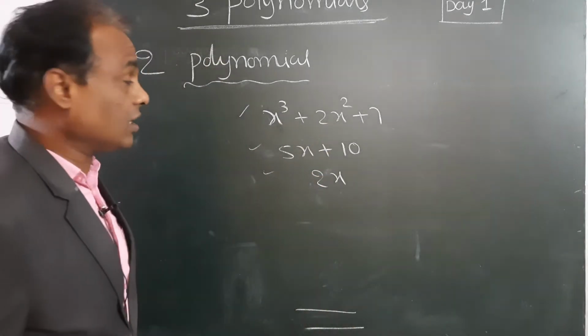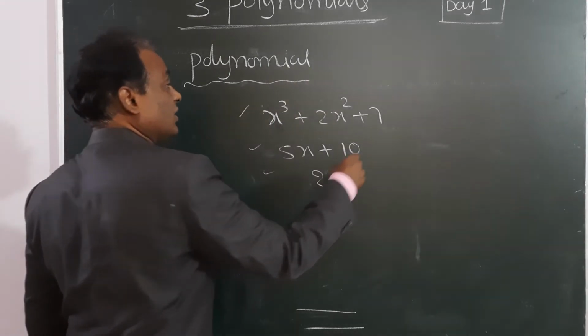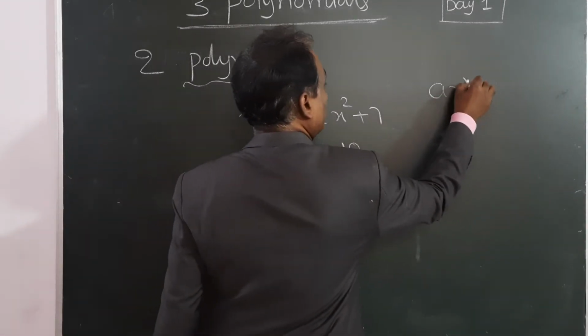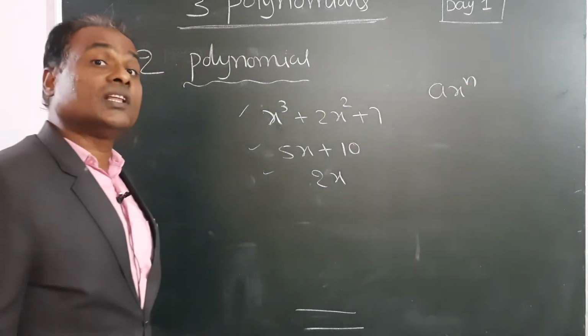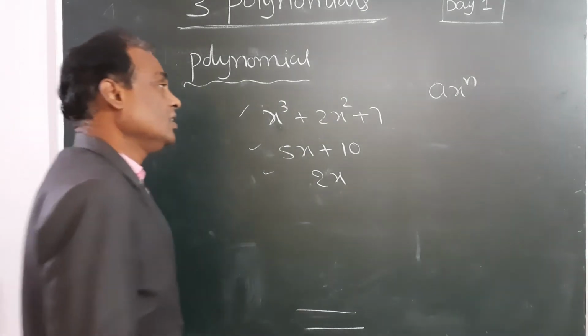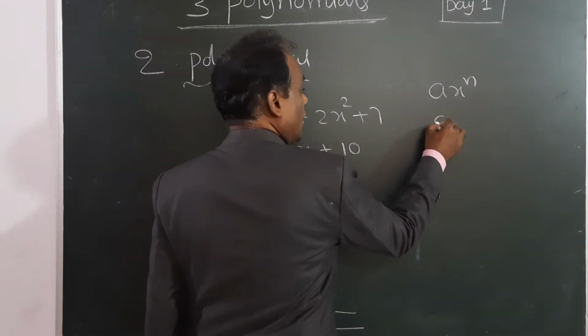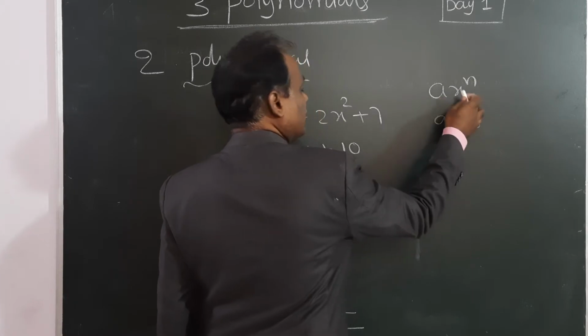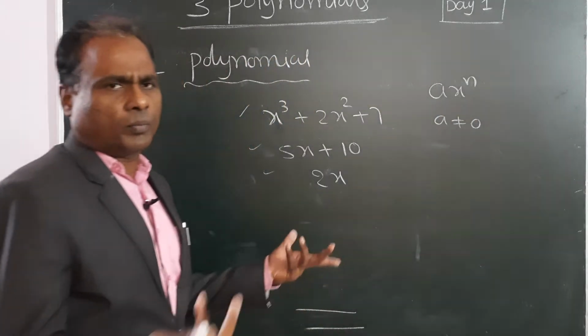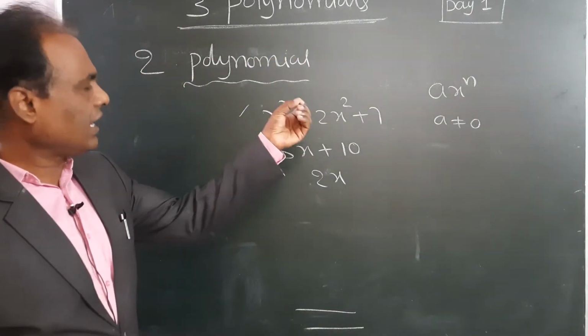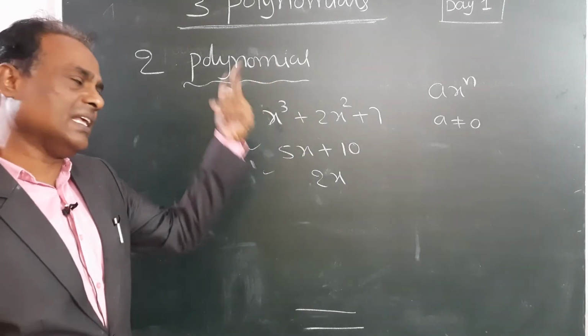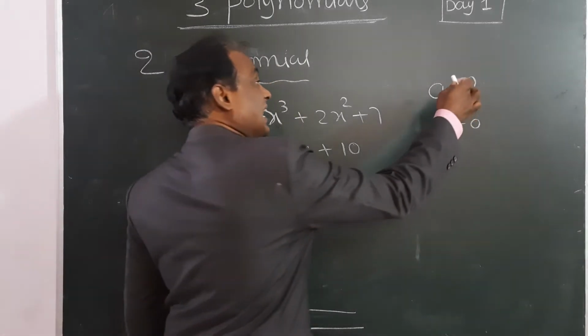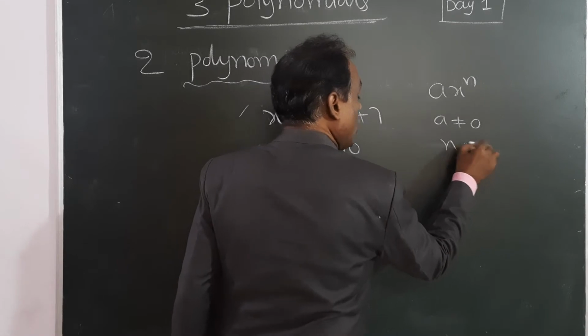An algebraic expression in the form of ax power n, this a should not be equal to 0, because if a is 0 then the total becomes 0, then there is no term. So a should not be 0, it can be any other number, and n is a whole number.